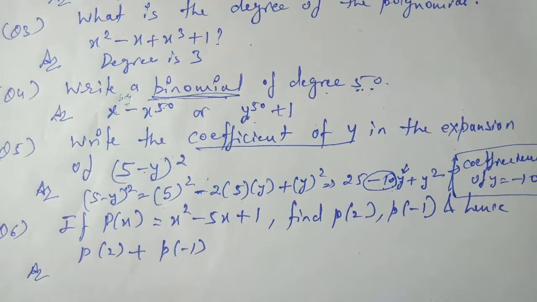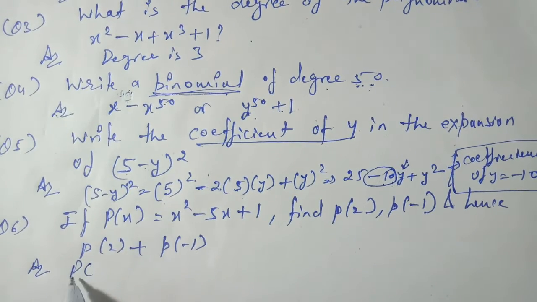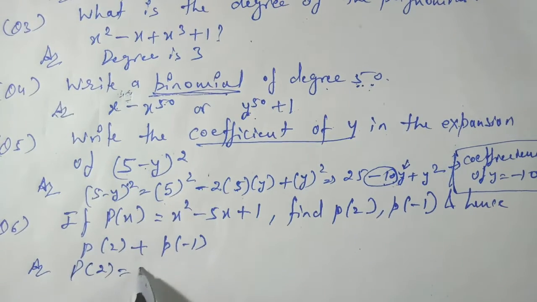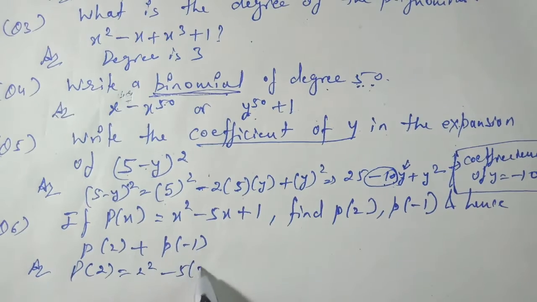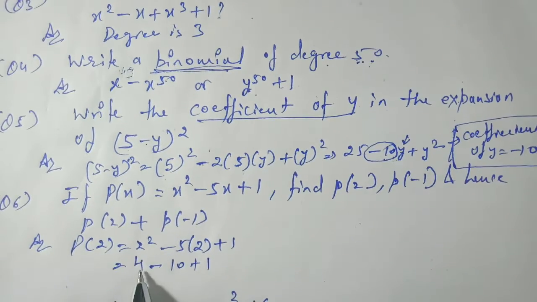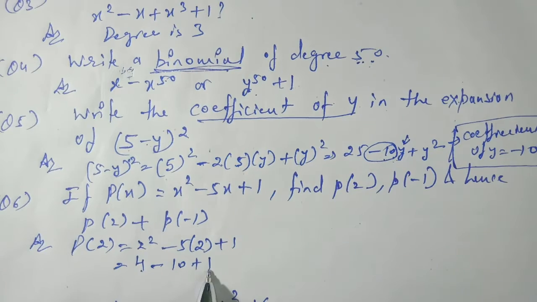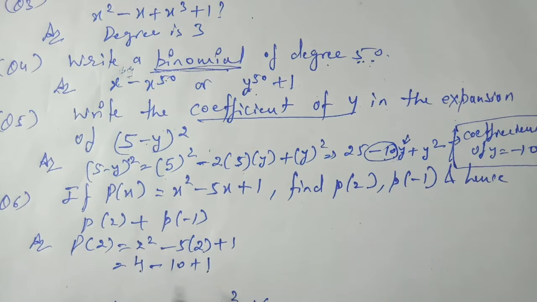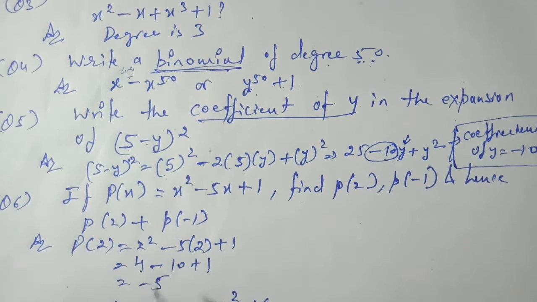So let us solve. First p(2): 2 whole square minus 5 into 2 plus 1. This gives 4 minus 10 plus 1. 4 plus 1 is 5, and minus 10 plus 5 gives minus 5. So the value of p(2) is minus 5.